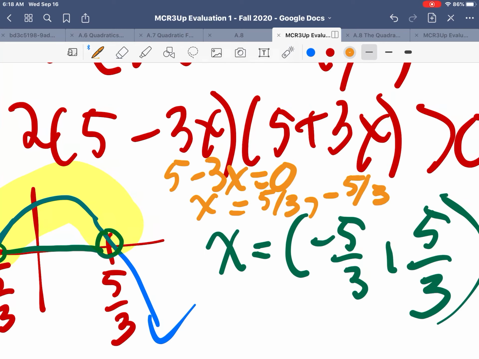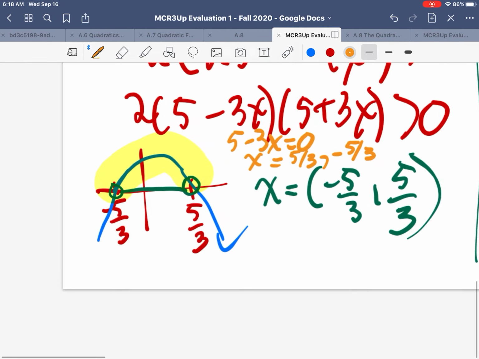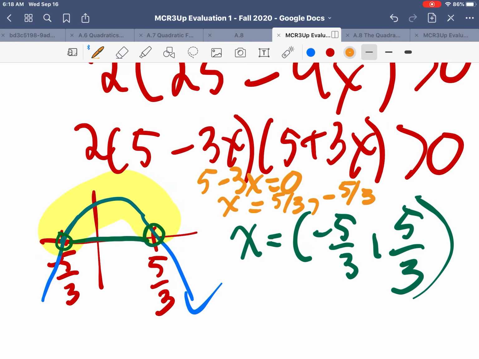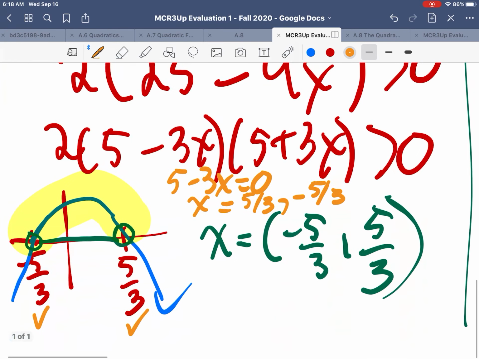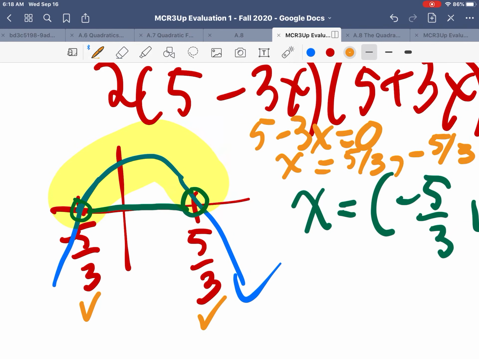Okay, you have to solve for the zeros by zero factor property. So that means the x-intercept is on the left side there, on the right side there. It's opening down because there was a negative in front of the x squared. The inequality states we're supposed to find out when it's above the x-axis. So the yellow part indicates what's above the x-axis.